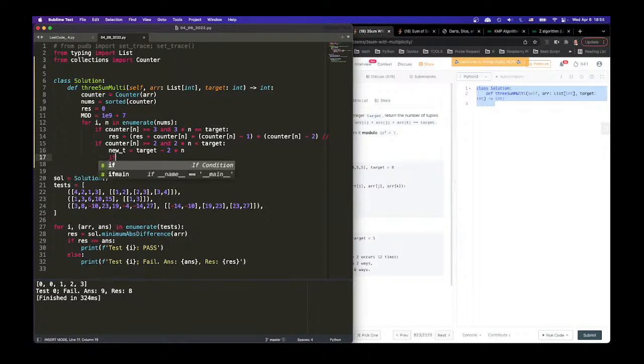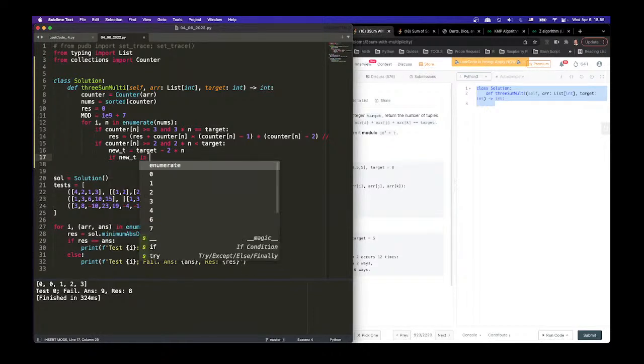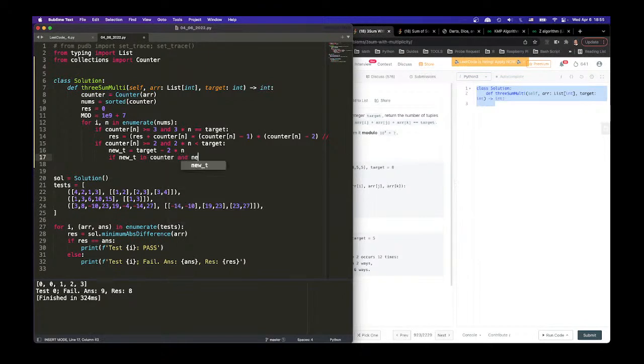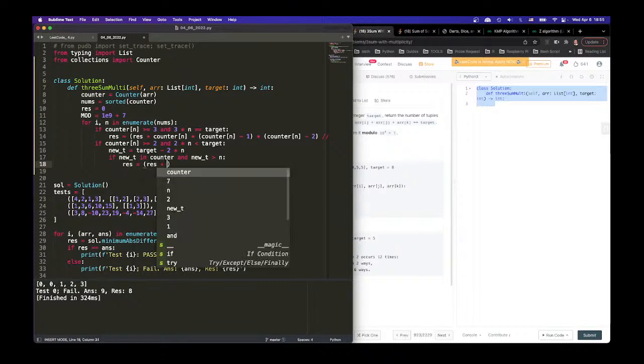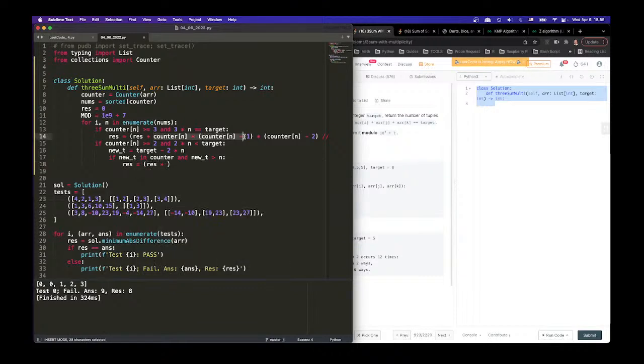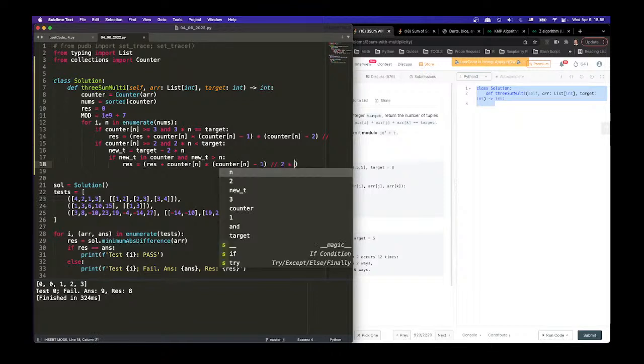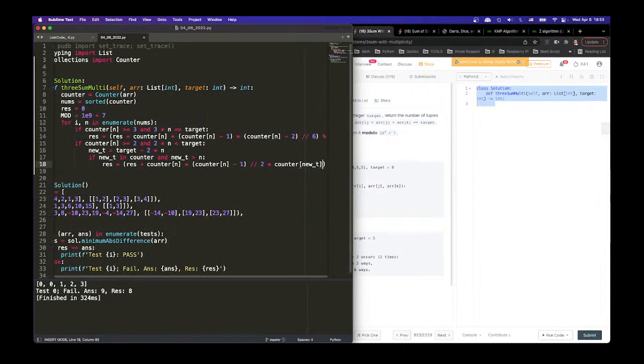I'm going to say if new target is in counter and new target is larger than n, then res equals res plus, now it's choose 2, so it's this thing divided by 2, times the number of times I can choose, so counter of new t.